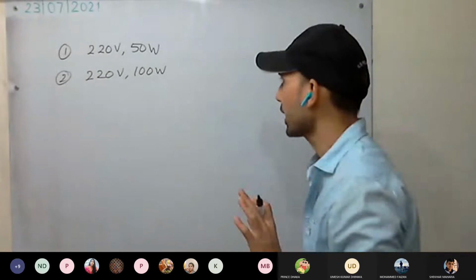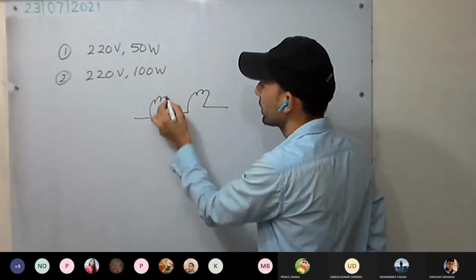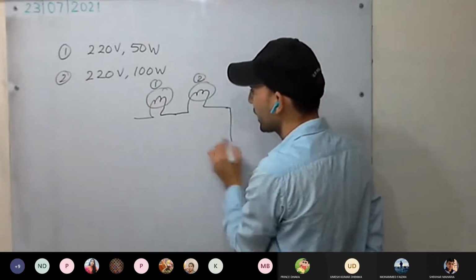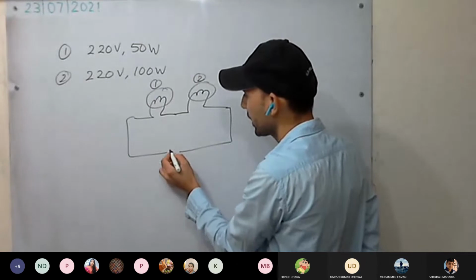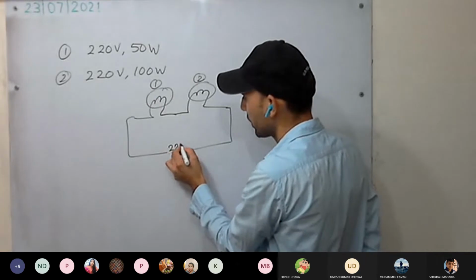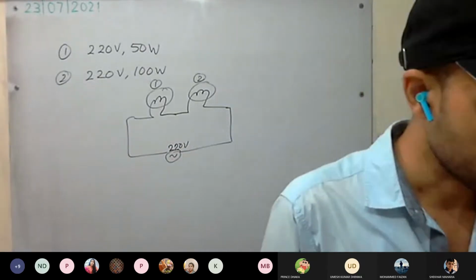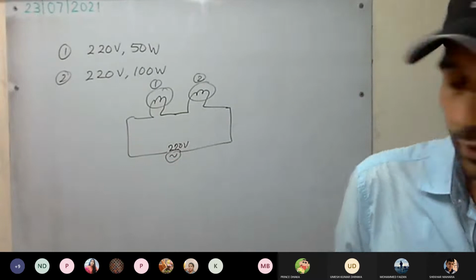So this is our first bulb, this is our second bulb. They are connected in series across AC or DC. You can take 220 volt. They are connected across 220 volt. Explain why the 50 watt lamp consumes more power.